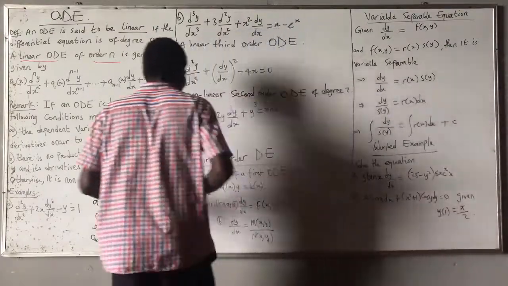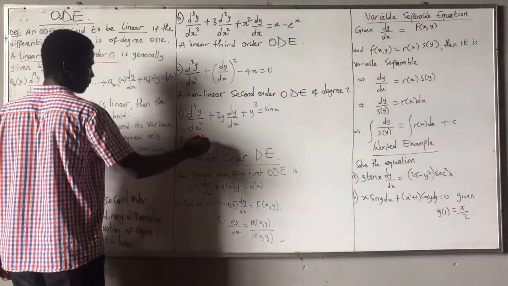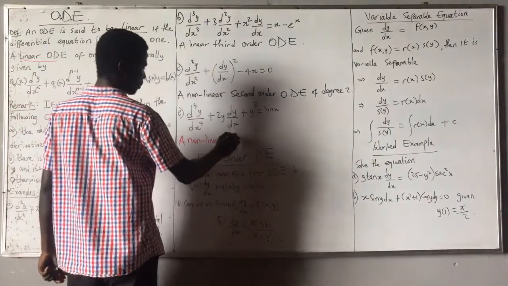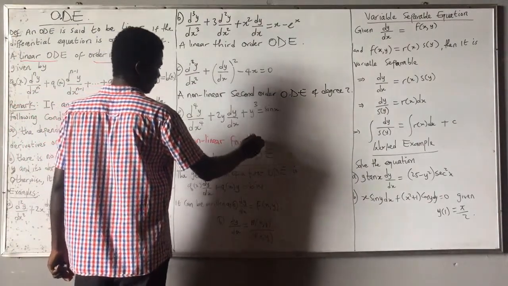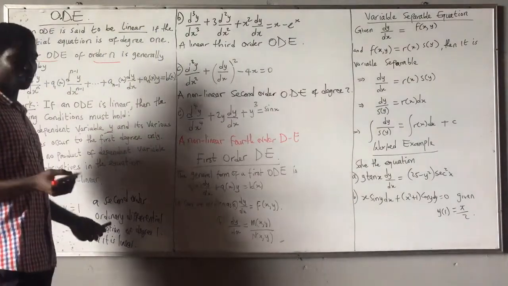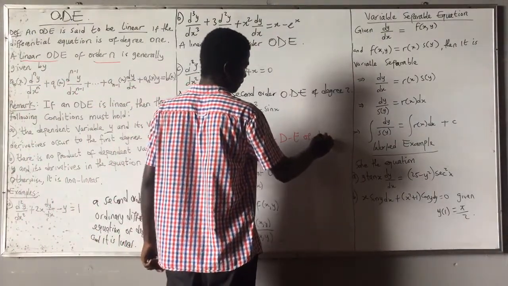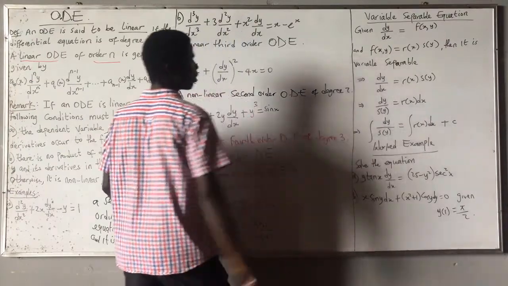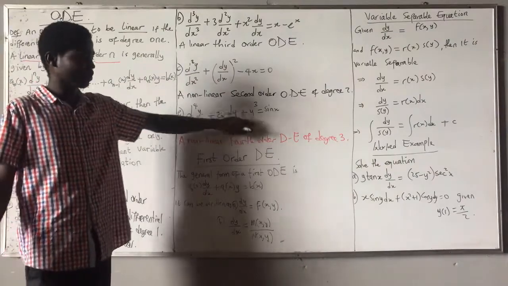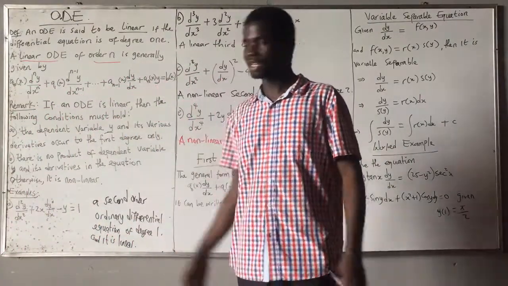So this is a non-linear fourth order differential equation of degree 3. The power here is 1, the power here is 1, the power here is 3. Do you understand? So that's enough of classification.